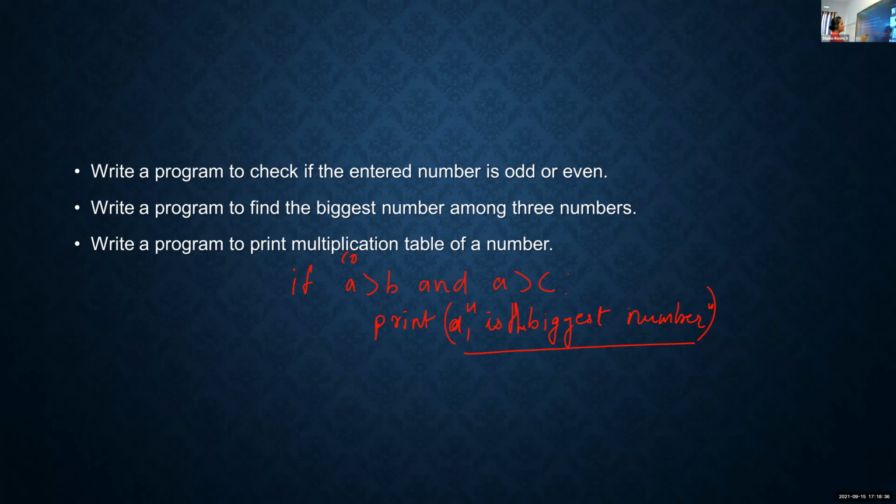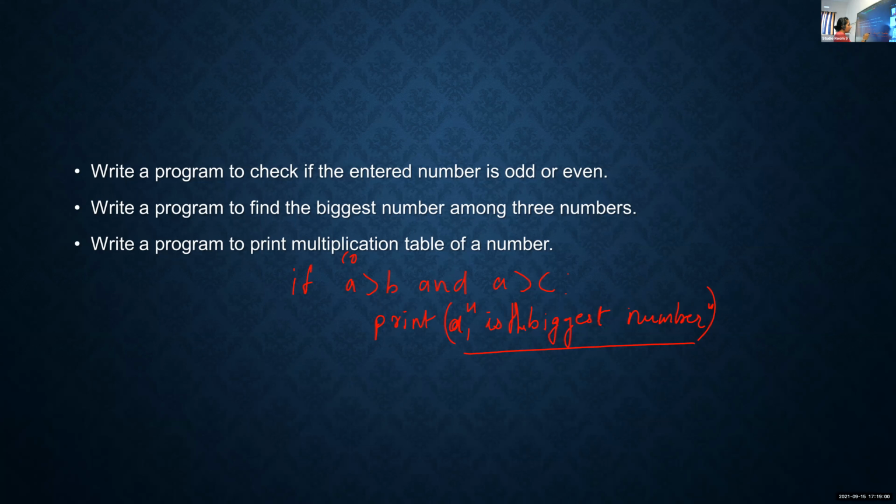You just notice this print statement and write the explanation of this print statement. Here A is written without double quotes, which means it will print the content. That means it prints the value of A. Here I'm assigning 10 to A, so the value of A is 10. So 10 is the biggest number, that is the output.